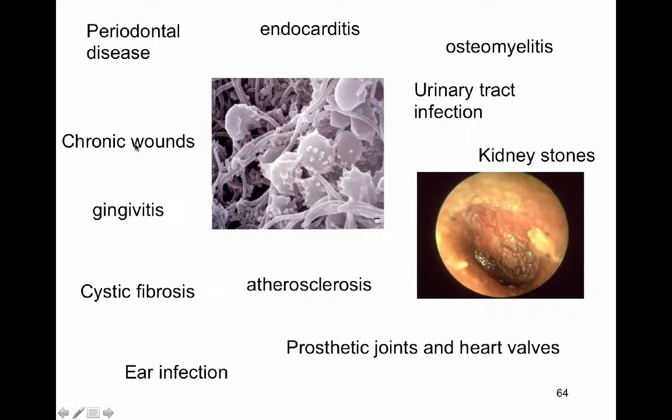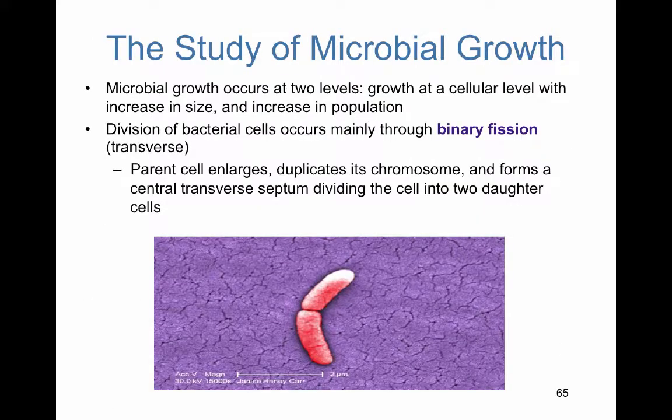Gum disease, chronic wounds, stubborn wounds that won't heal. Even cystic fibrosis, a buildup of a biofilm in the lungs. An atherosclerotic condition. Medical devices and implants are the worst for this. Catheters especially, even in the bone, UTIs in the bladder wall, that's a big problem. Also even kidney stones. So biofilms, again, are highly resistant.